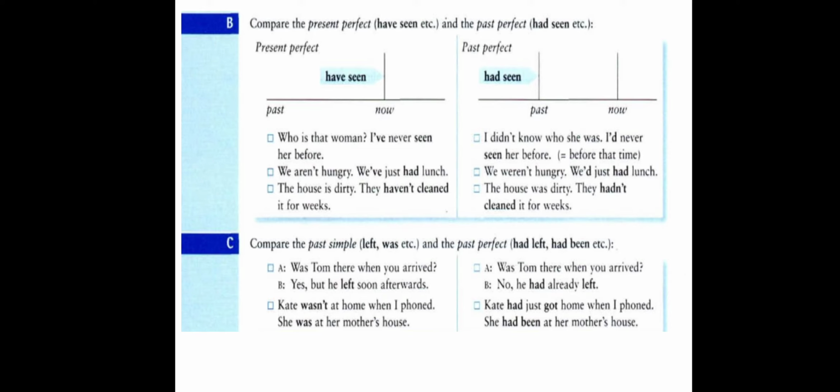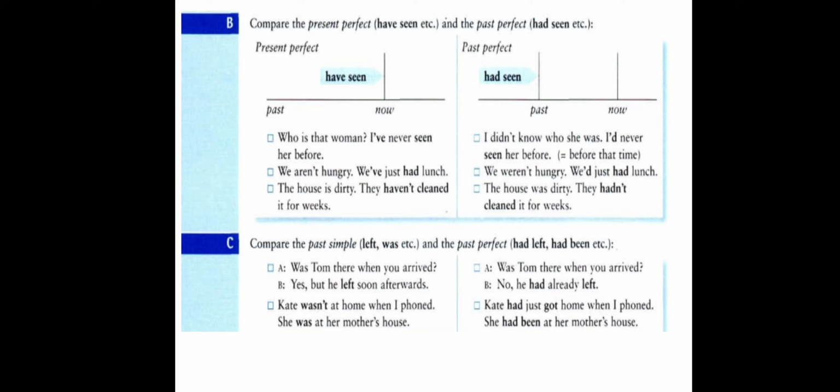So you say, yesterday at 5 o'clock I had finished the lecture. You use past perfect simple. But if you say, now at 5 o'clock I have finished the lecture.